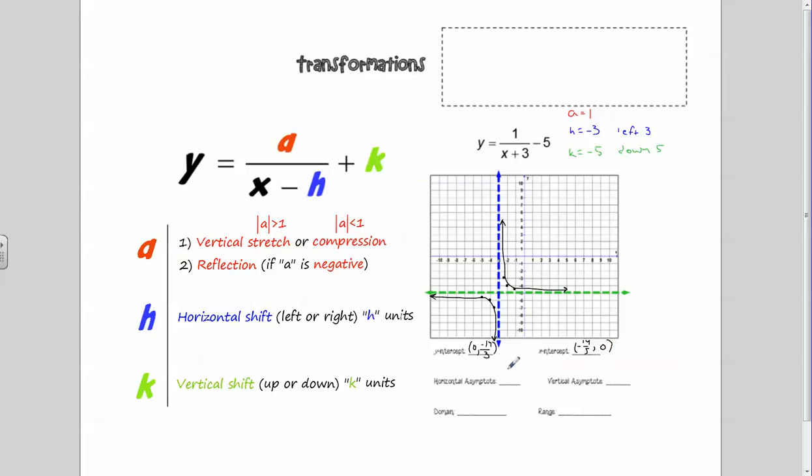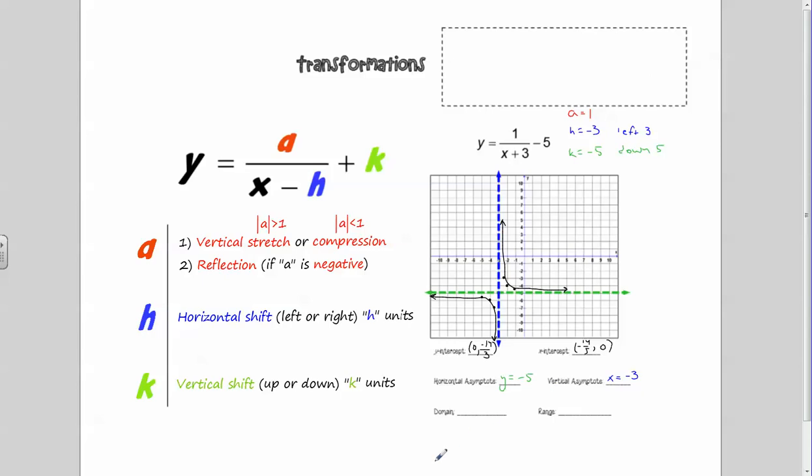The horizontal asymptote has shifted down 5. So our horizontal asymptote, and I'll go ahead and write this in green so you can associate it with the picture, y equals negative 5. And the vertical asymptote is going to be at x equals negative 3.